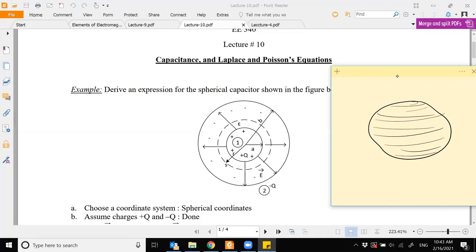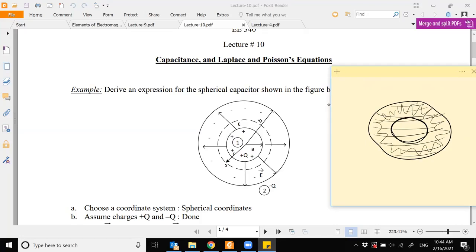The soccer ball surface is your outer conductor, and you can think of another ball, maybe a baseball, inside. The surface of that baseball is your inner conductor, and the region between these two surfaces is your dielectric medium.